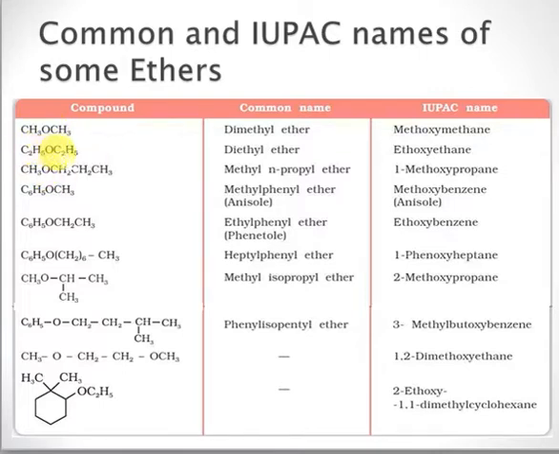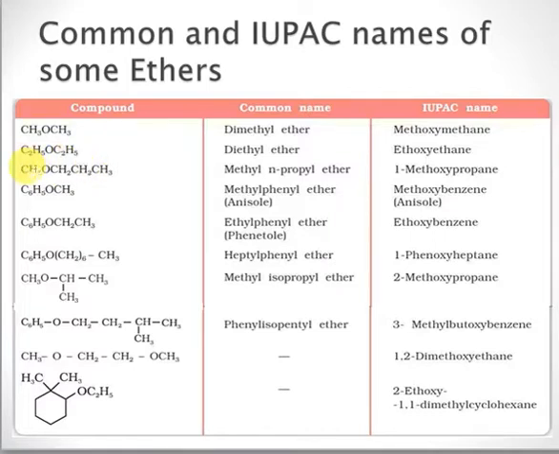Similarly here both groups are the same. This is an ethyl group, this is also an ethyl group, so we say this is ethoxyethane. This is the IUPAC name, but the common name will be diethyl ether. Now this is a mixed ether or unsymmetrical ether. Here we have a methyl group and here we have a propyl group, and the propyl is n-propyl.